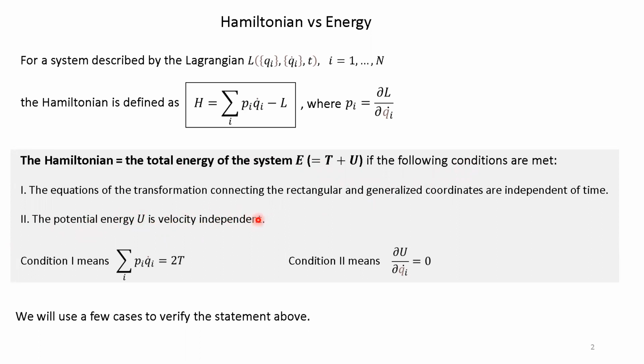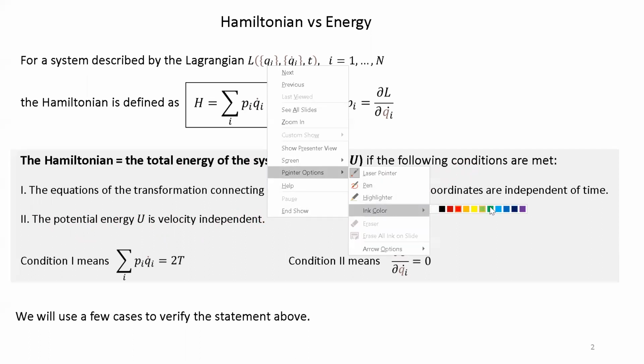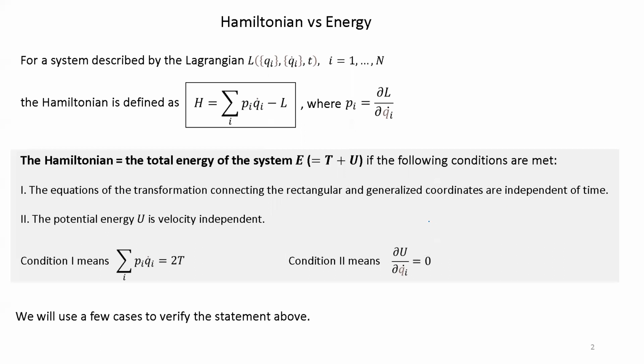What does it mean? That means potential energy is not a function of velocity, but that's of course the case, you will say. Because the potential energies that we have seen, like 1/r, mgh, all that, are of course not velocity dependent. They only depend on position. That's true for all the cases that we have considered.